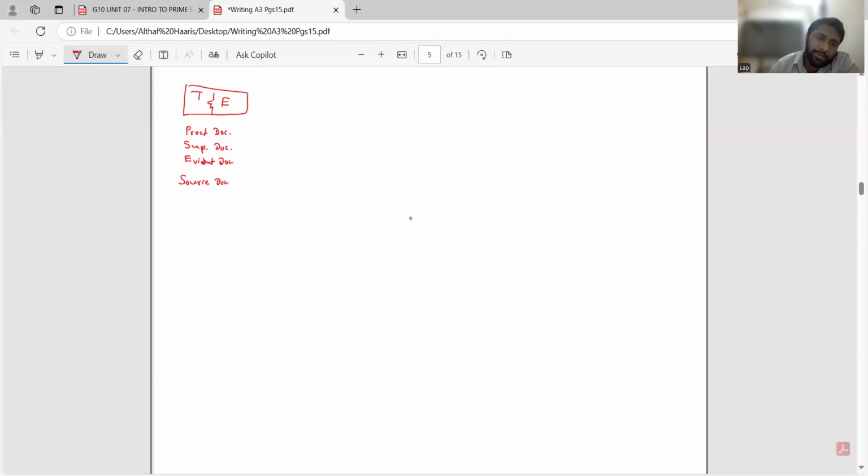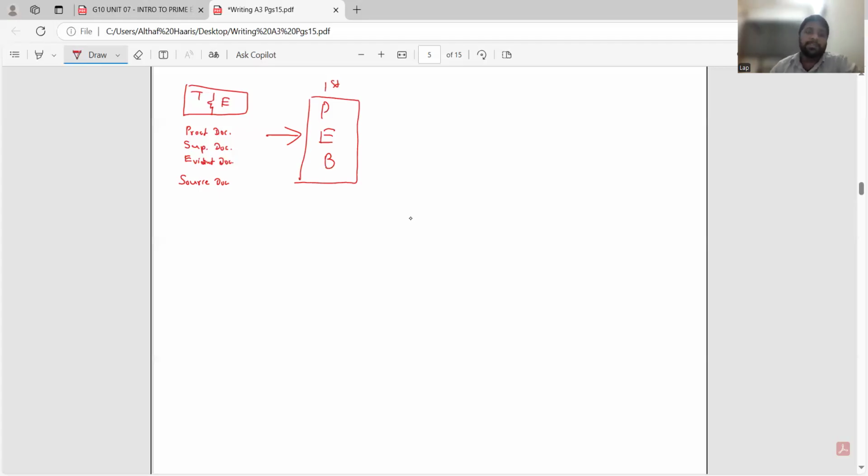Using the support of the source document, we write it in the accounts. Where are we writing it for the first time? We write it in prime entry books. Whatever the business transaction or event, for the first time, we write it in the prime entry books.